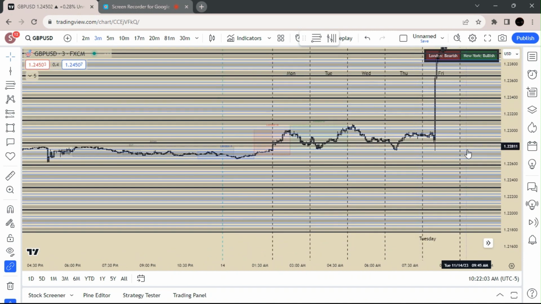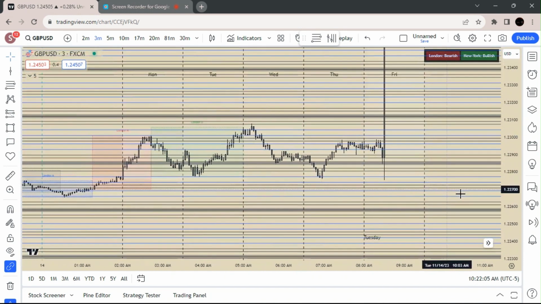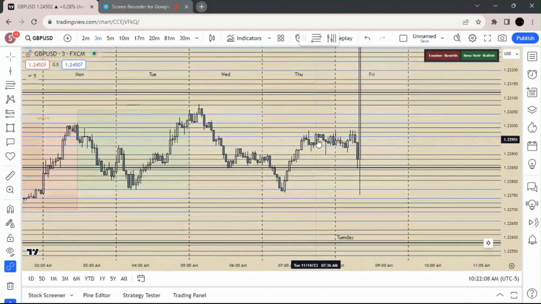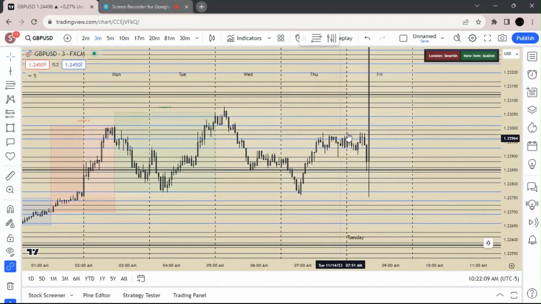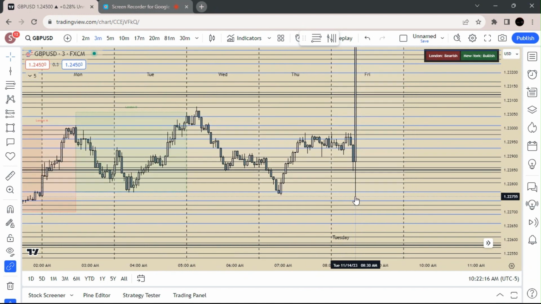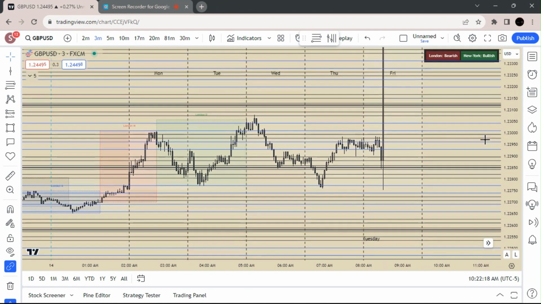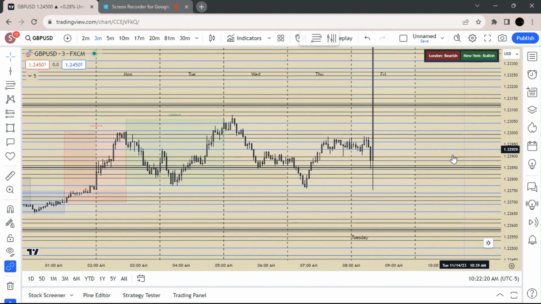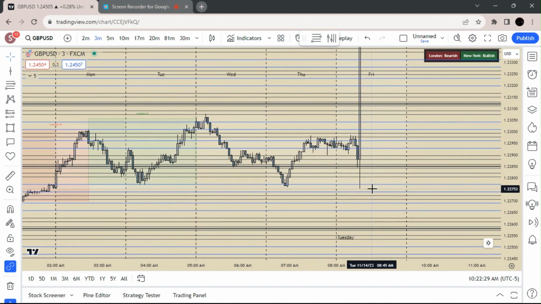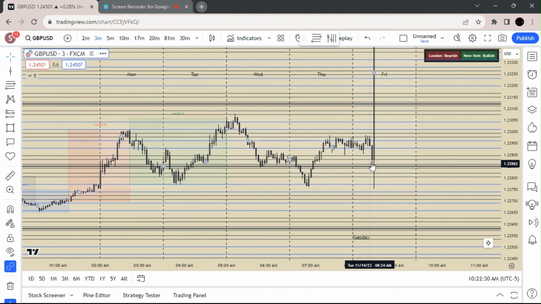Well, when we broke into this new range, you see we came in and then came back down to that low level. You could enter there, but I would just be careful. Like I wouldn't enter at all, to be honest, because of news, and you don't know how the slippage is gonna be. And you see how that wicked down into the breaker again, but it probably happened too quick. You wouldn't have been able to enter.